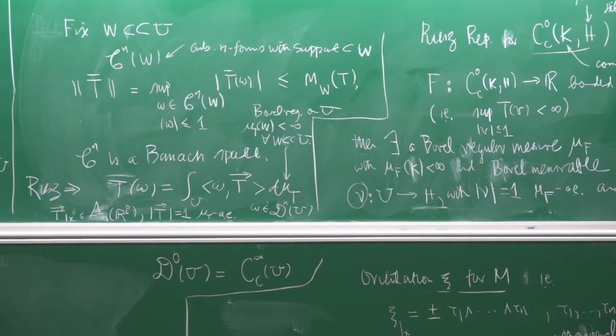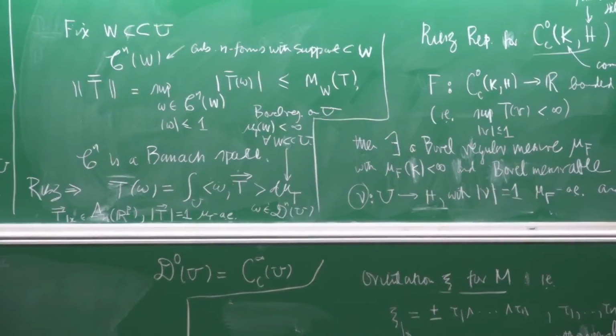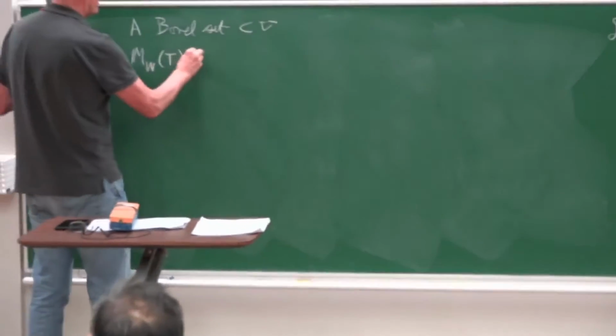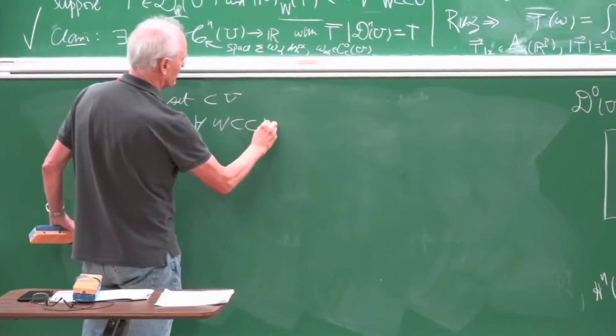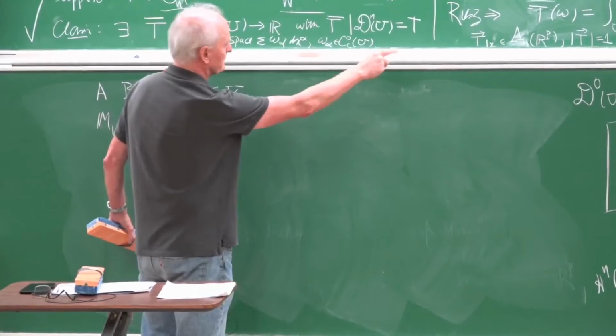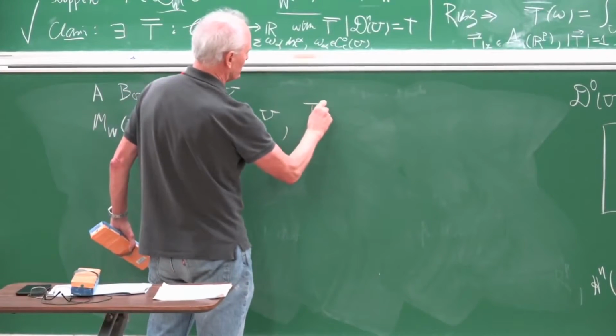If A is a Borel set contained in U, and T is one of these currents, finite for every W properly contained in U, then of course you can make sense of this definition.